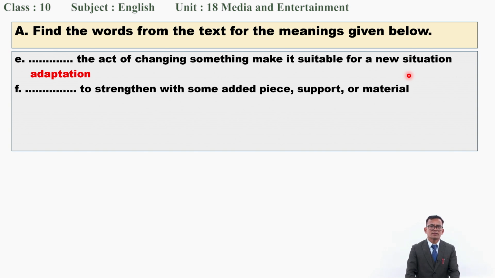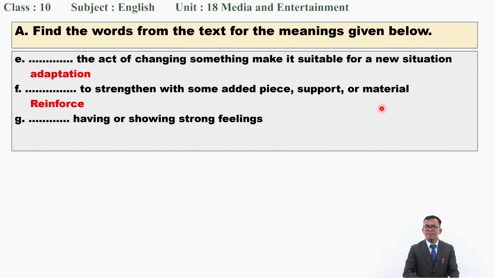What about next? Can you read? To strengthen with some added piece, support, or material. Good. That's reinforce. Okay. Having or showing strong feelings. You want the clue? All right. The word begins with P. That's passionate.